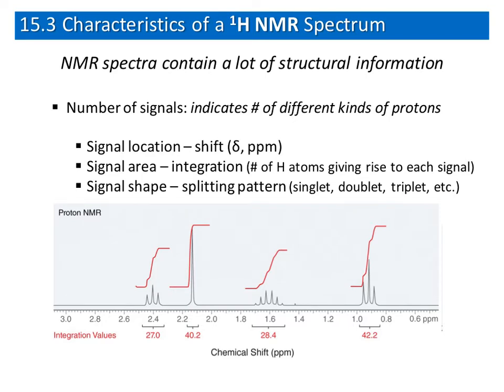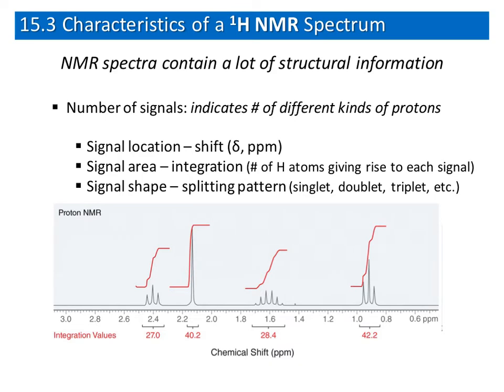The second characteristic is the signal location, which shows the position of each signal in the hydrogen NMR. Here we are looking at ppm. In the x-axis we have the ppm value, which usually starts from 0 to 12. For example, this signal appears at 2.4 ppm, which shows the location of that specific signal.